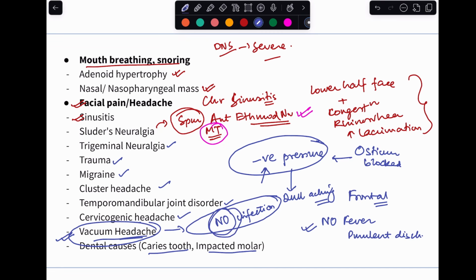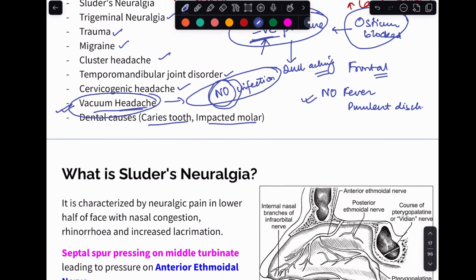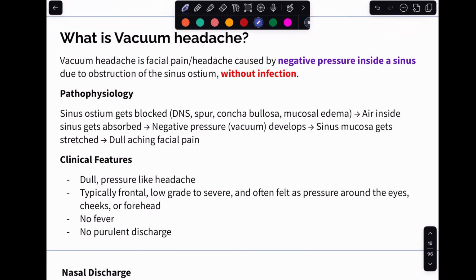This is happening purely because of a negative pressure that is developed inside the sinuses as a result of the ostium getting blocked by any obstructive cause like DNS or spur or anything else. So these are the differential diagnoses of facial pain or headache that you should keep in mind when we have a patient who has presented to you with this.